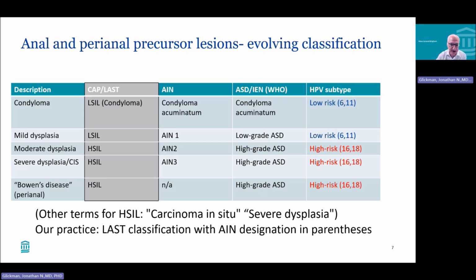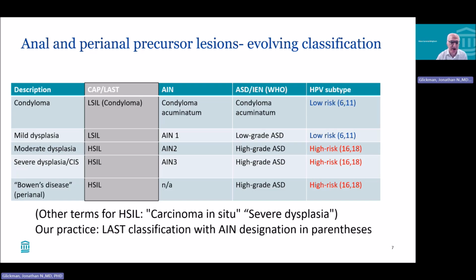When we diagnose anal and perianal precursor lesions, this classification has evolved over the years, but we generally use the College of American Pathologists, or LAST, classification, which is a dichotomous division into low-grade squamous intraepithelial lesions, or LSILs. This includes condylomas.